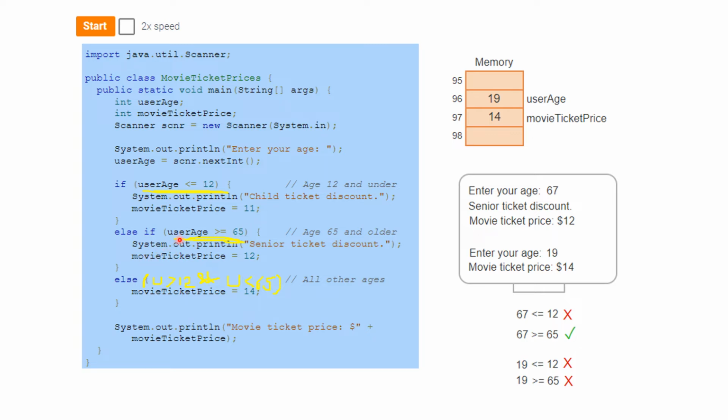If this is not satisfied, it goes to else if: if it's greater than 65, it is the senior ticket and the price will be 12. If it's none of these two, the ticket price will be 14. The given age is 67, which is greater than 65, so the ticket price will be 12.